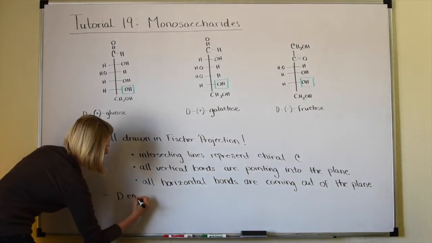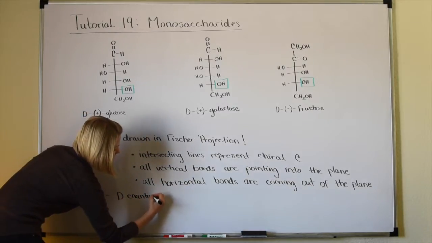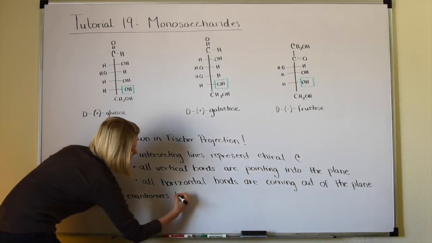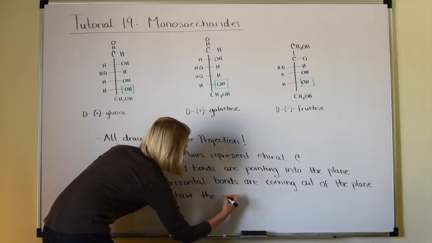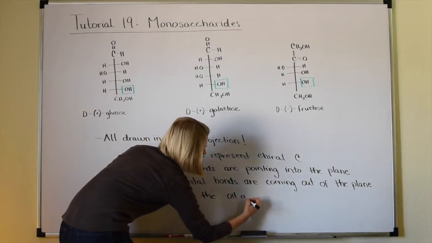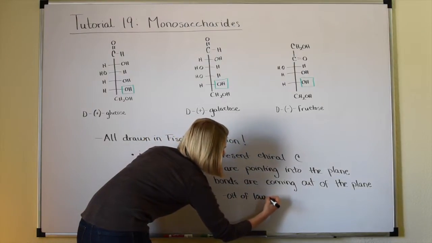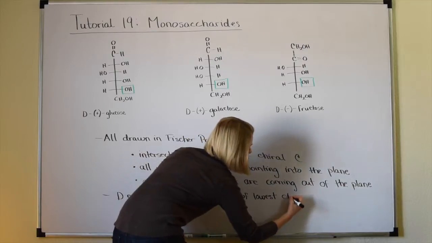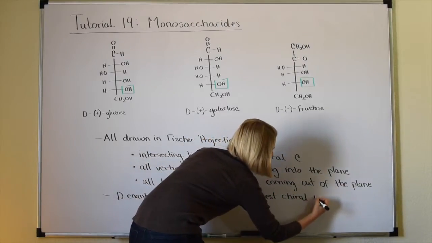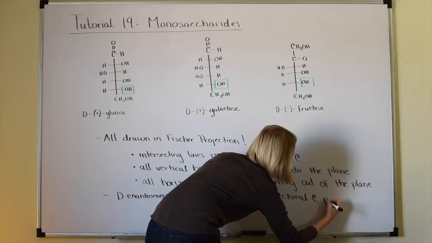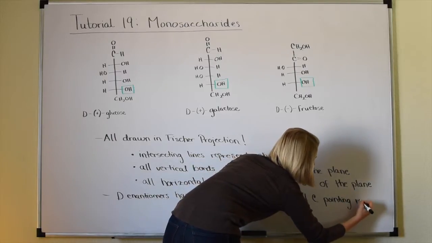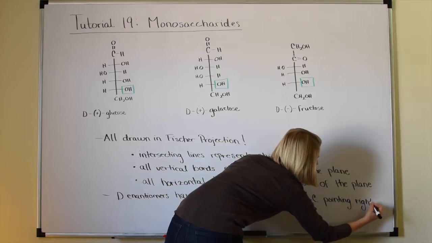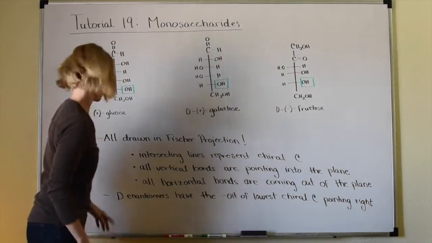D enantiomers have the OH, the hydroxyl group, of the lowest chiral carbon pointing right, or dextro.